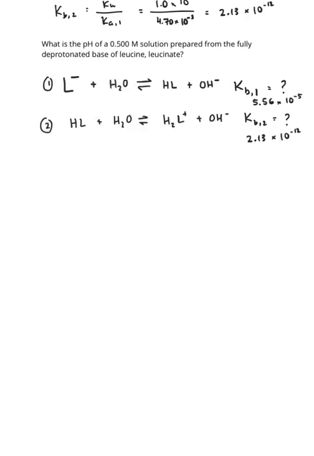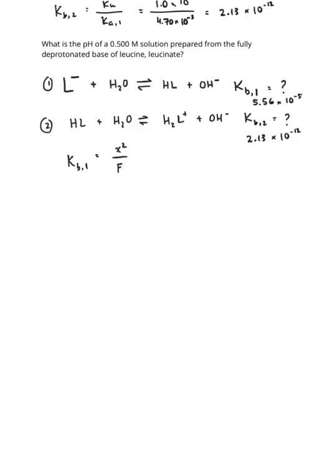And so we can approximate the fully deprotonated form of leucine, leucinate, as a monobasic weak base. And we can start with the approximation that Kb1 is equal to x squared over F, where again x is indicative of our concentration of major species, in this case hydroxide ions, in solution.